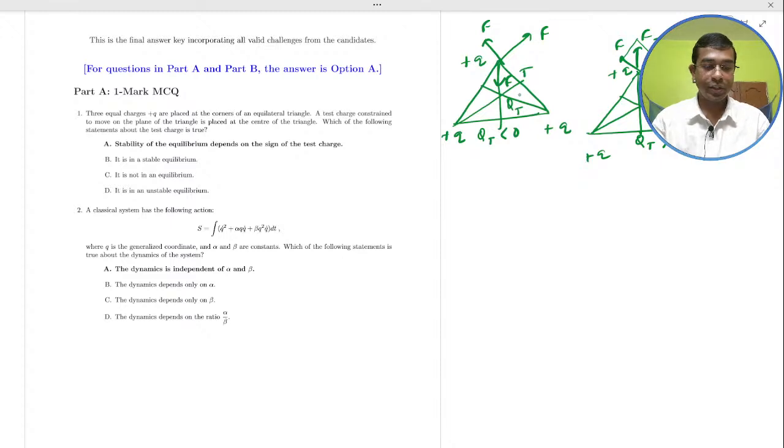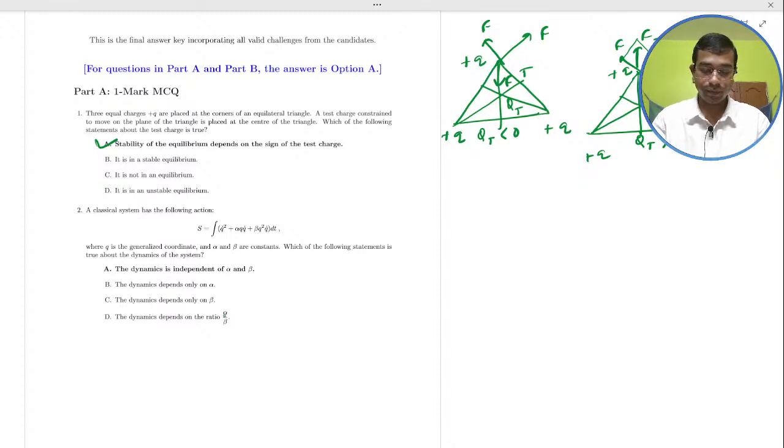The system will be in equilibrium if the net force on any charge Q is 0. So stability of the equilibrium depends on the sign of the test charge. This will be correct, because the system will be in equilibrium if the net force on any charge is 0. Statement A would be the correct answer.